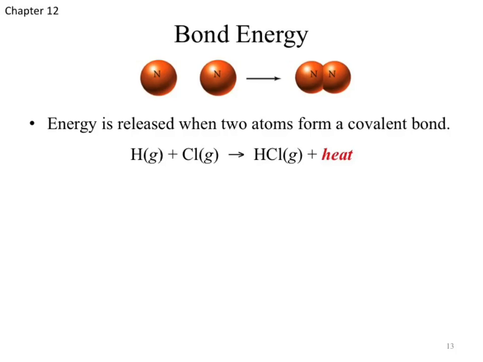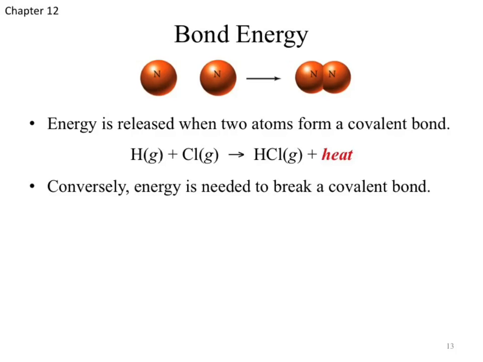So if we now want to quantify or put it into an equation, we can show heat as a product because it's being released from the reaction. What if we turn the reaction around? What's going to happen if we try to break that bond?